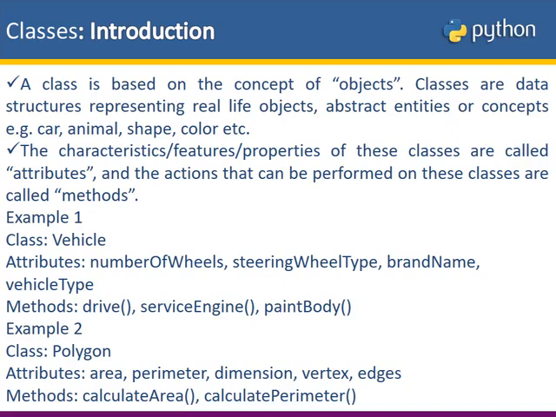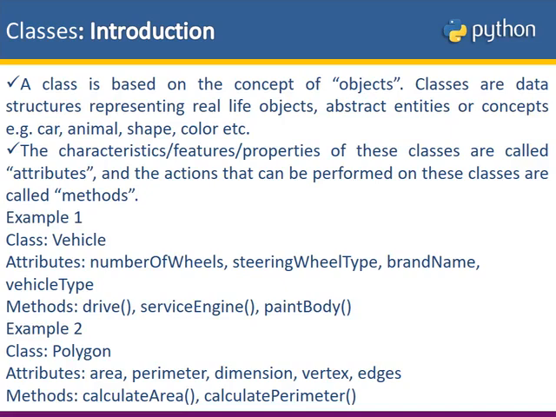For instance, if our object is a car, the characteristics of that car, the features or properties of that class, are called the attributes, and the actions that can be performed on this class are called methods.